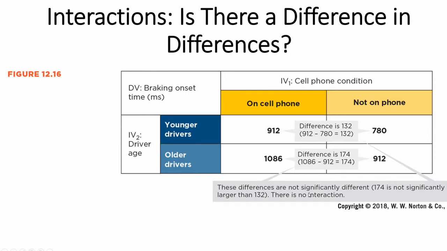And again, the textbook is kind of hand-waving the statistics that go on behind the scenes here to calculate these interactions. So they are just telling us that in this case, with this specific data set, that difference is not significantly different. So this 174 is not significantly larger than 132 based on the data that we're calculating this from. If you were to run the proper statistics on this, you would get a p-value that was smaller than our cutoff for acceptable chance.